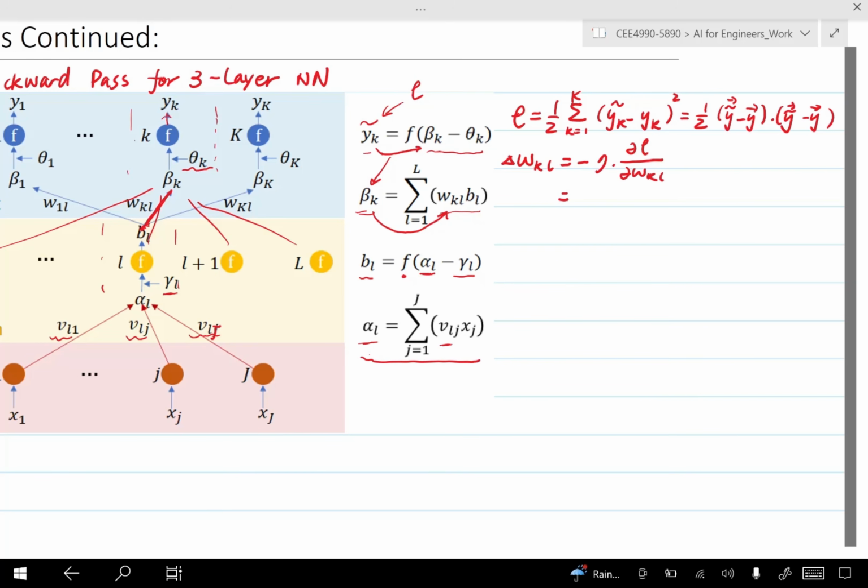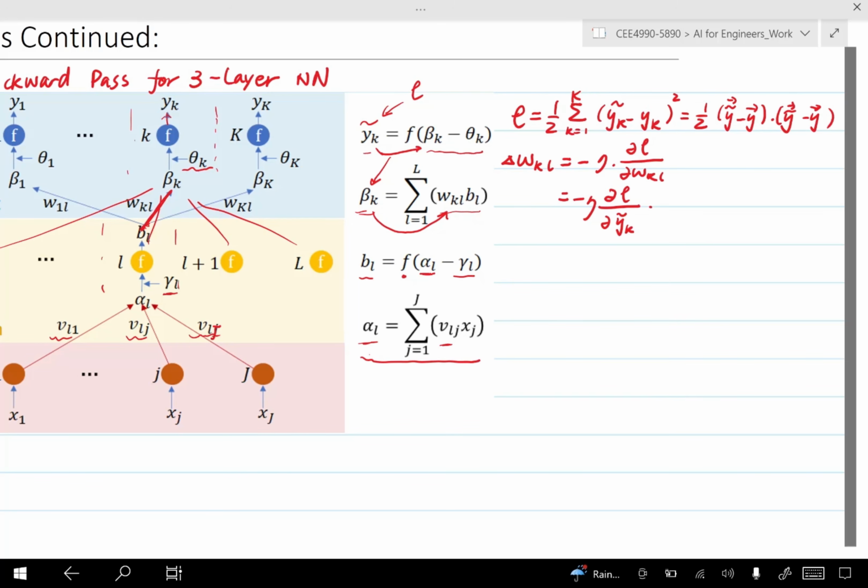So here's the same thing. You can see that we want to get the derivative of L with respect to WKL, but they're not directly connected. We have some functions between them, so we can do it step by step. L is a function of YK tilde, right?